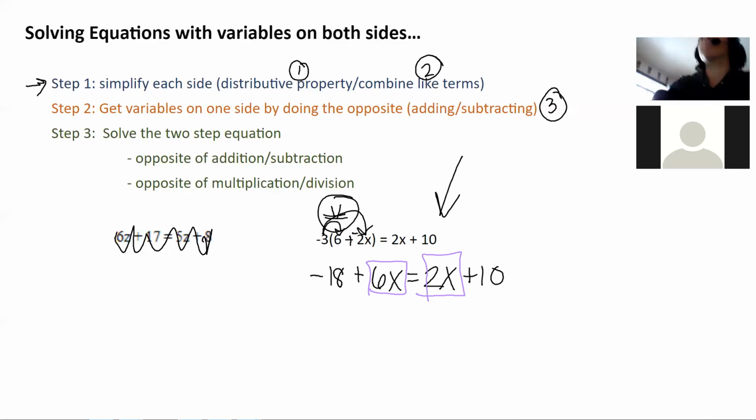Definitely. We're going to pick on the 2x, and it's a positive 2x. So let's do the opposite of positive 2x, which is minus 2x.